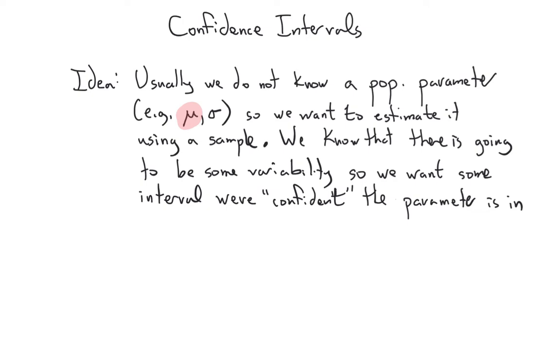That would be called a point estimator. If we just reported x bar, we'd call that a point estimator or a point estimate of our mean mu. But we're going to give something called an interval estimate, and that's one of these confidence intervals, which we'll explain a little bit more on the next few slides.